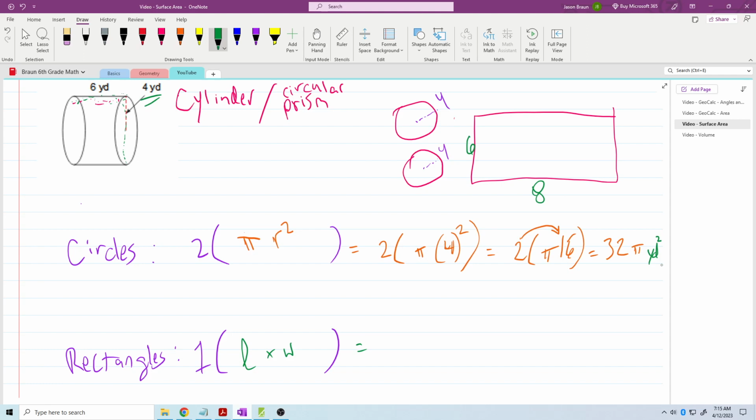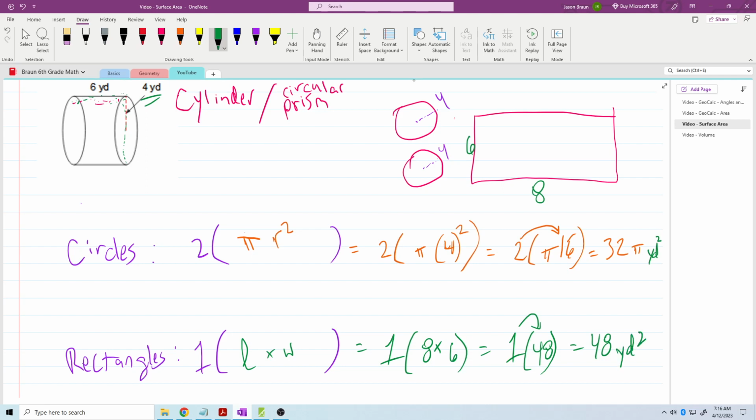We're saying length, long side is 8. Saying short side, the width is 6. 8 times 6, 48. 1 times 48 equals simply just 48. Once again, yards squared.